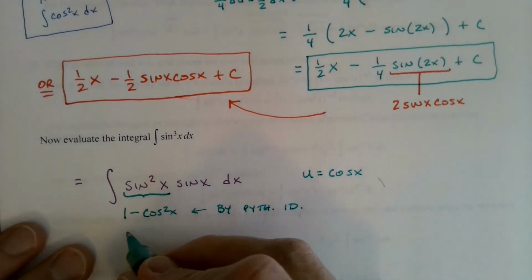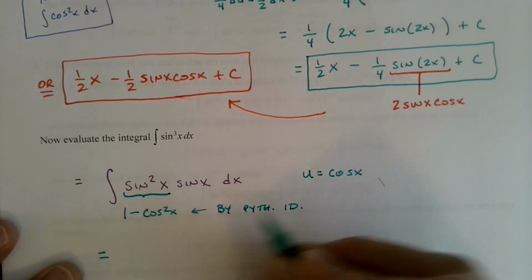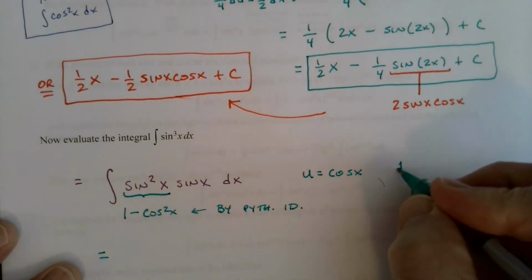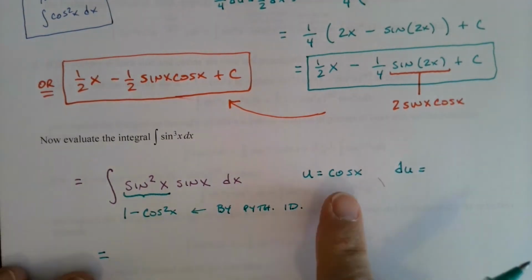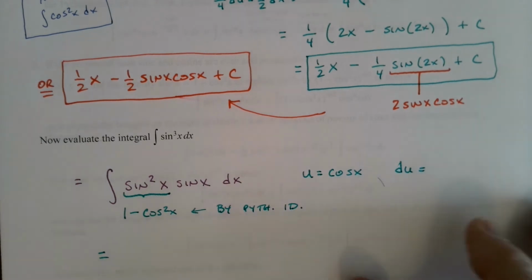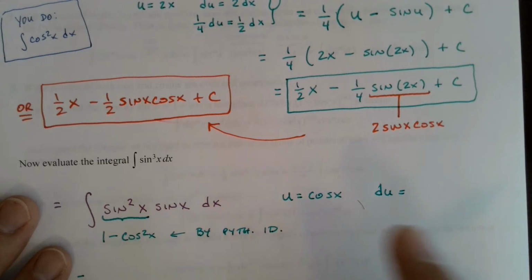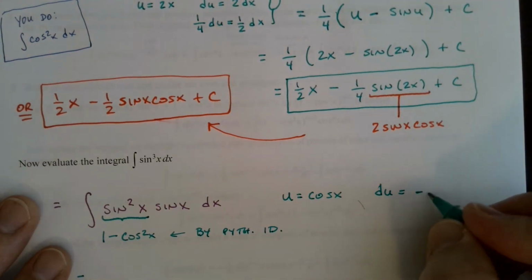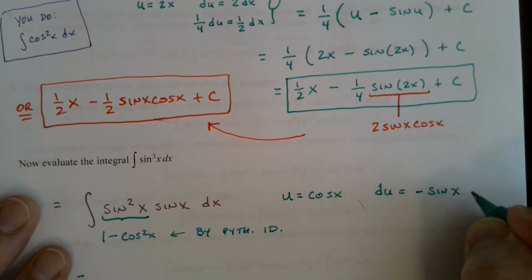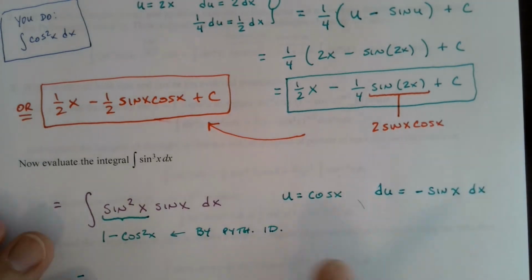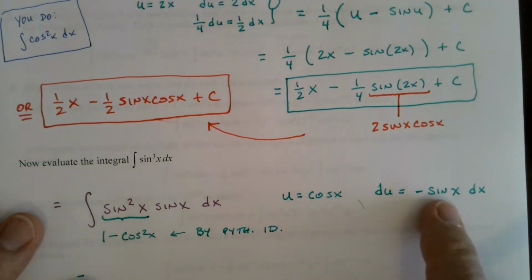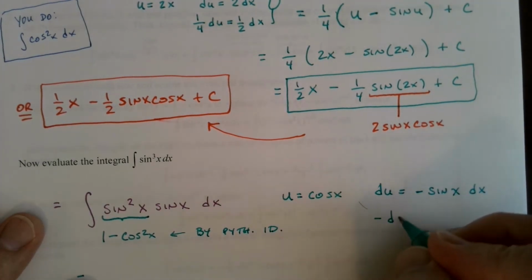So notice that this becomes, with this u, let's see, what is our du? We always need our du. What's the derivative of cosine x? So be careful. We've got antiderivatives and derivatives. When we take the derivative of cosine of x, we get negative sine of x. Okay, and so there's my sine of x dx. I just need to multiply both sides by -1.